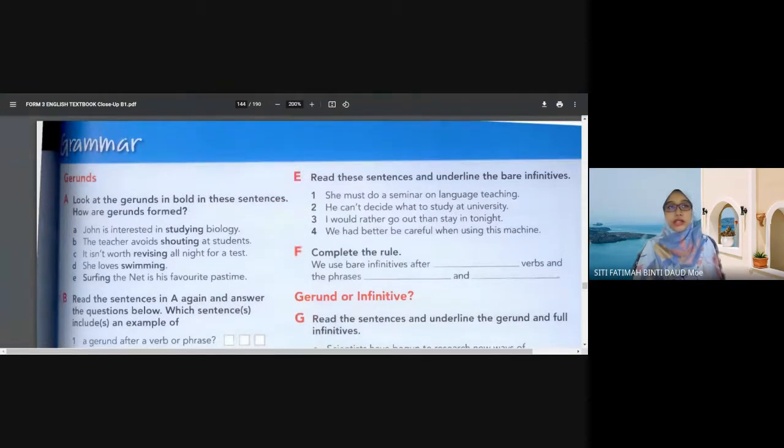Or if we use past continuous tense, we have was or were plus verb ing. I am teaching right now. Or you can say the teacher was teaching. But it's a bit different when you see certain sentences, they don't have is, are, was, or were, but they still use ing. So this is what we call a gerund.